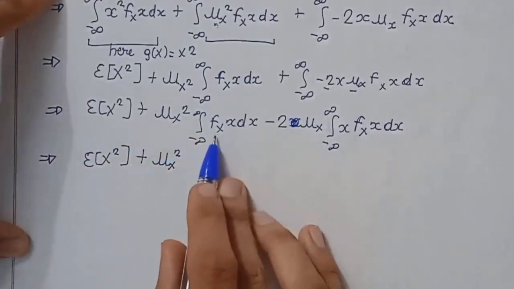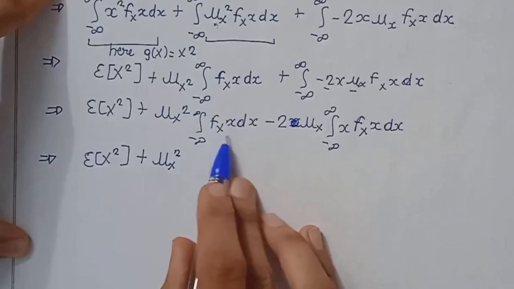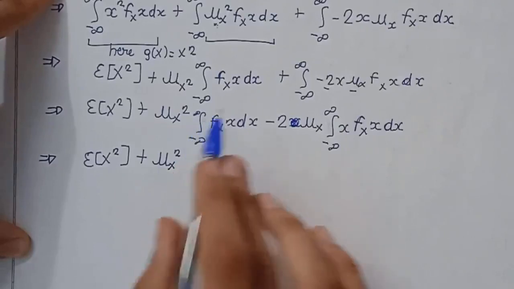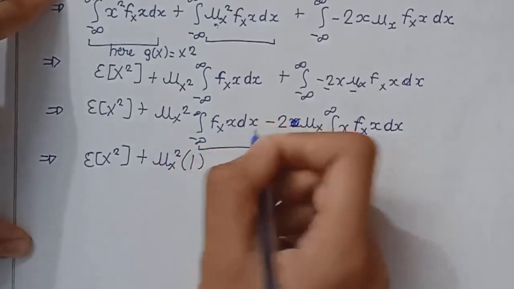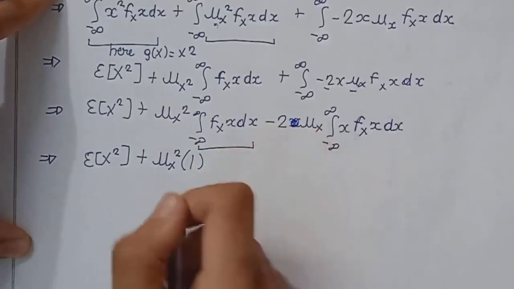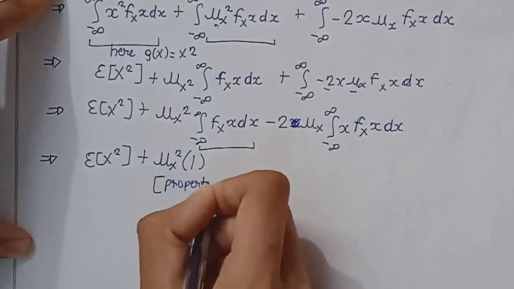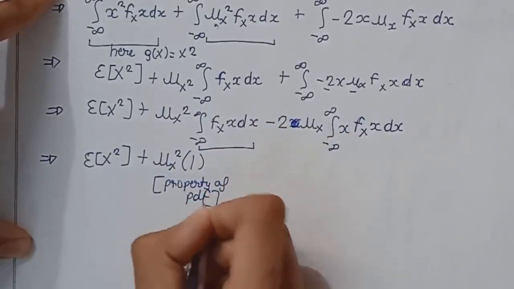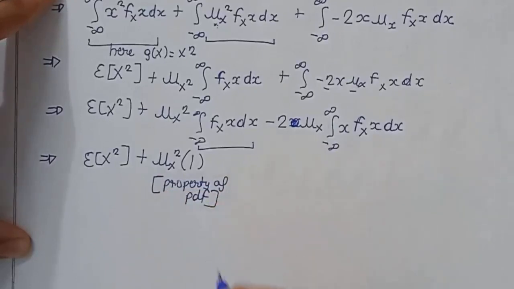Now from the property of PDF we know that the integration of PDF from minus infinity to infinity is equal to 1. So this integration will come out to be 1 using the property of PDF. We have also seen this property when we discussed PDF in the previous lectures.